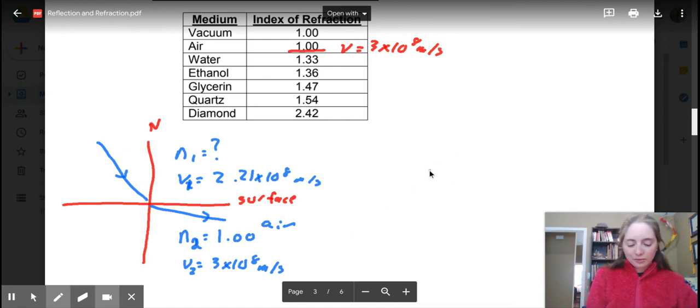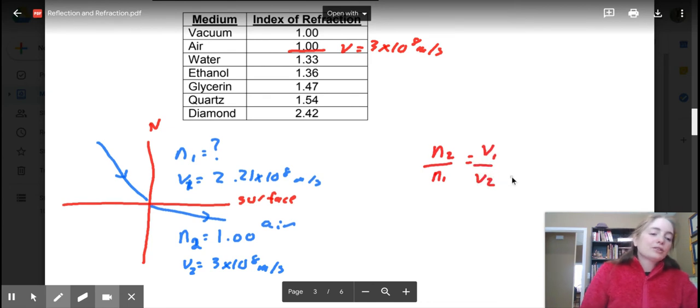And now we need to pick our equation. Well, we have n and v, so my n2 over my n1 is going to equal v1 over v2. So you pick the pieces of the equation that you need. You don't pick all of them. Okay, so I am trying to find my value of n1. So I am going to rearrange my equation, and we are going to multiply out n1.